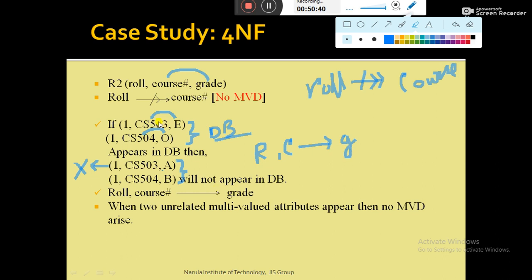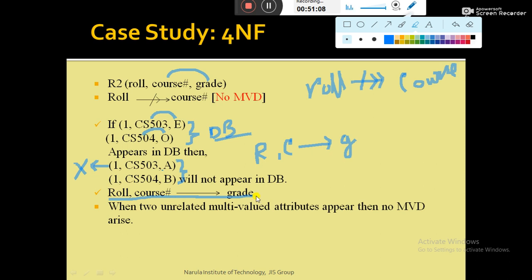So though the relation R2 has a 1:n dependency, we still can't say that an MVD is there, because the multi-valued attribute course and grade have some kind of dependency, and we can easily see that with the help of this functional dependency.